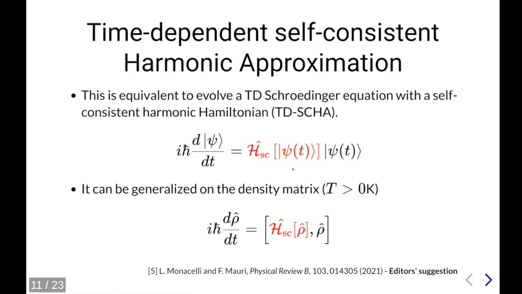Indeed, we can extend this theory also at finite temperature, and we just need to replace the time-dependent Schrödinger equation with the time-dependent Liouville-von Neumann equation for the evolution of the density matrix.